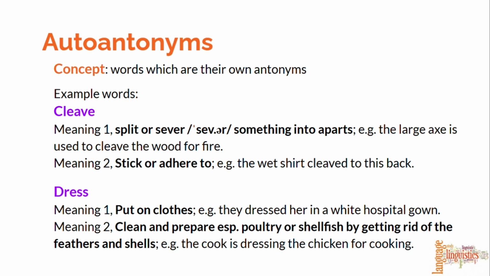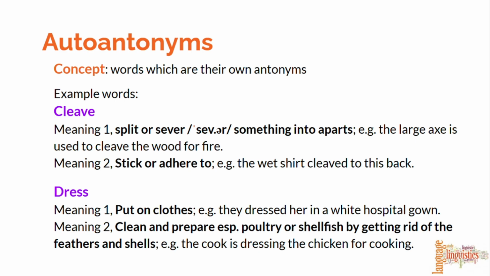Let's look at autoantonyms. The concept of autoantonyms is the words which are their own antonyms.